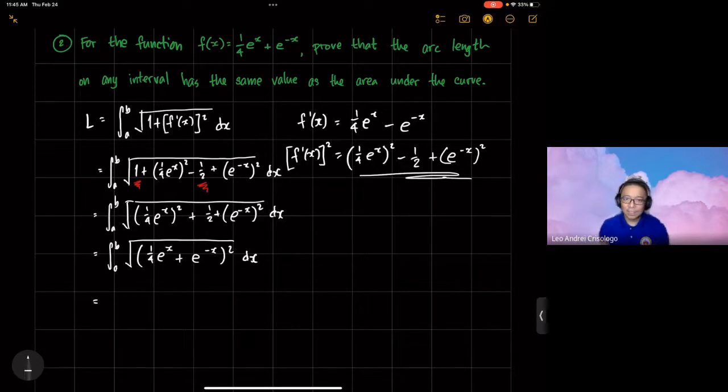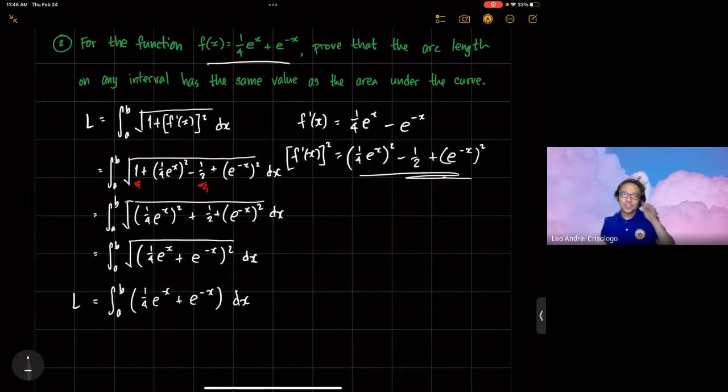What's inside the parenthesis, inside the square, is always positive. So we'll just write this as the integral from a to b of 1/4 e to the x plus e to the negative x dx. So this is the arc length. But what is that? That is exactly the original function.